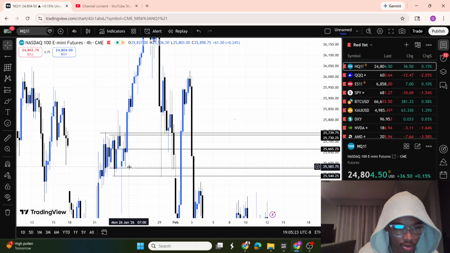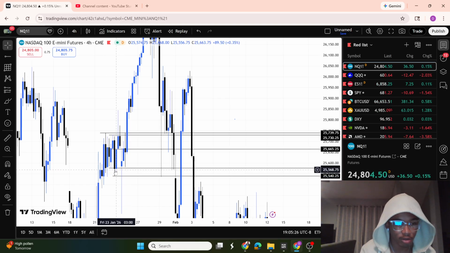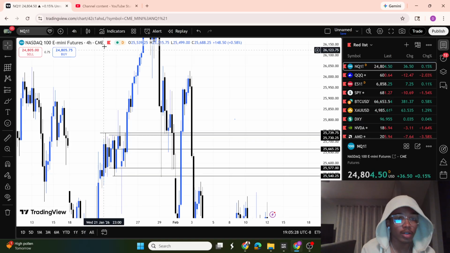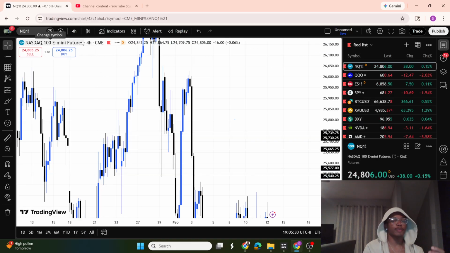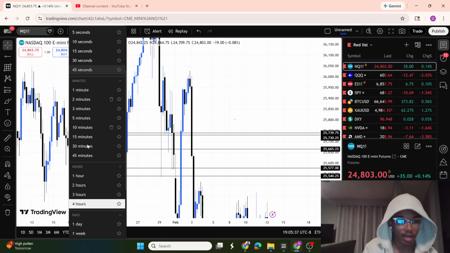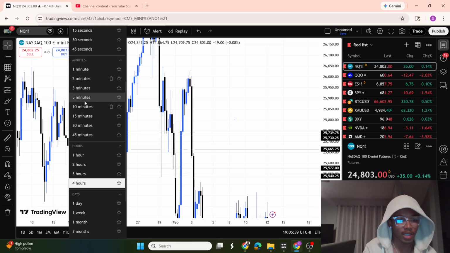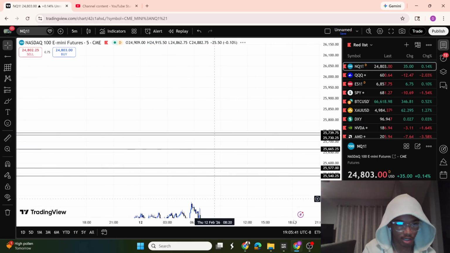We broke structure right here, technically, with a full candle closure beneath the most recent low. So since we're bearish on the 4-hour and bearish on the 1-hour, now we can execute off the 5 minutes and see what we got.